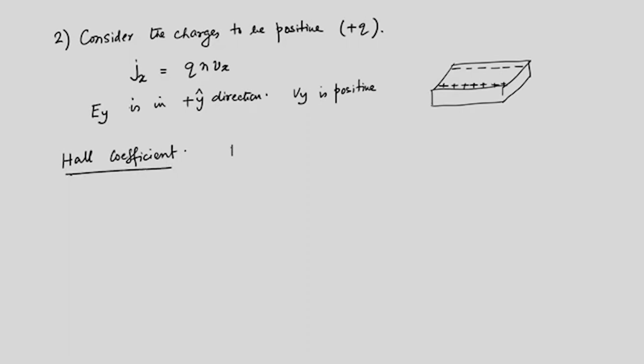And the Hall coefficient is defined as RH equals Ey divided by Jx, which we have defined, multiplied by B, and this B is the magnetic field, a constant magnetic field that is applied in the z direction, perpendicular to the plane of the sample. Okay. And the charges are mainly concentrated in the two-dimensional plane.